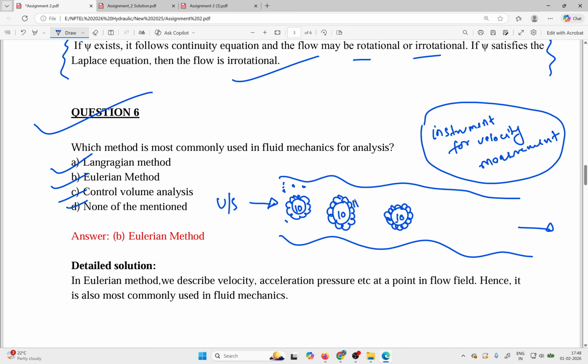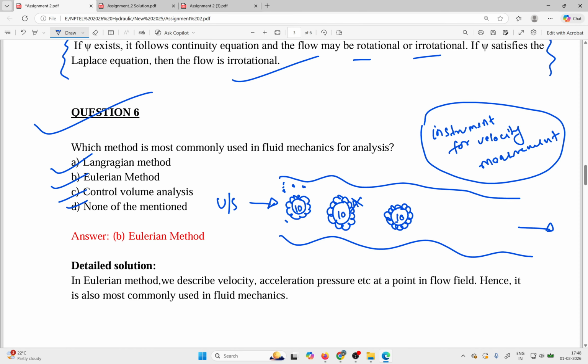If it is 11, the Lagrangian approach will be wrong. So particle identity should be the same. Particle identity means whatever particle, let us suppose here 10, I have given the name, the digit. So the 10 should be the same throughout. So this is your Lagrangian approach.